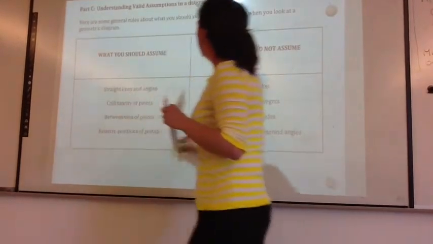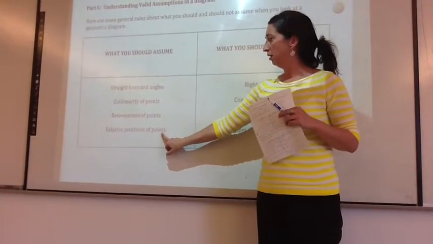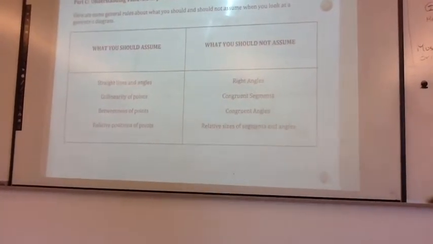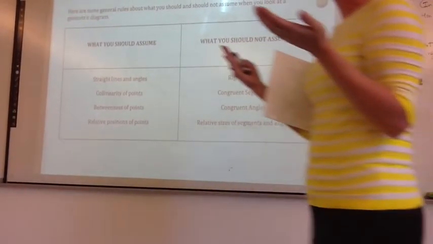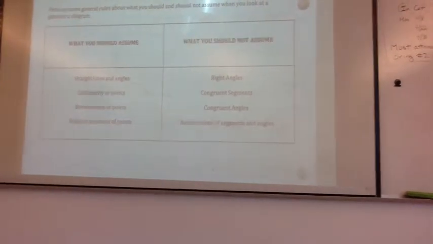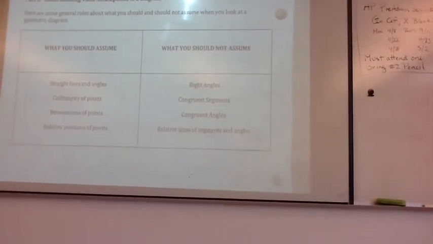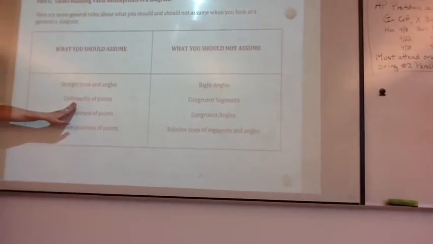Straight lines and angles, collinear points, betweenness of points, relative positions of points. So if you see a straight line or you see a straight angle, you can assume it to be such. Okay, you don't have to be told otherwise. It doesn't have to be stated in the problem. You can assume it.